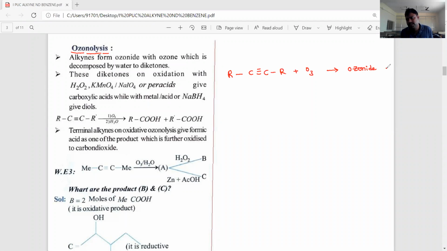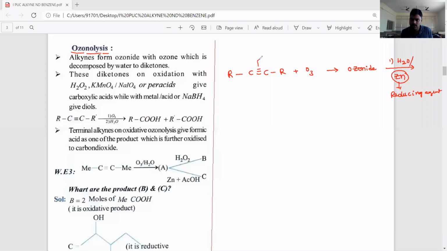This ozonide you have to hydrolyze in the presence of zinc metal. The zinc metal is a reducing agent. It reduces the byproduct H2O2 into water.